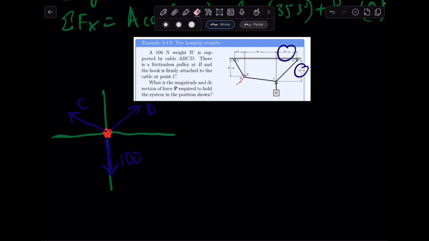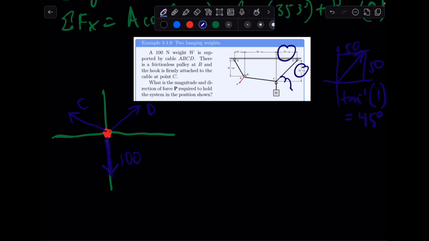If we do our little triangle, we have this angle at 50 and 50. If we do tan inverse of 1, you're going to see that it's 45 degrees. So we know this right here is 45 degrees.